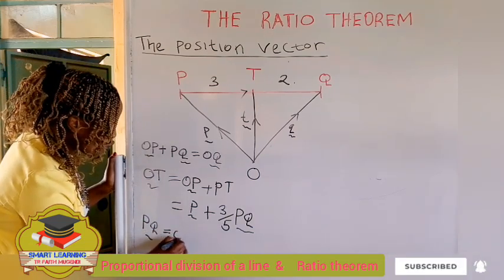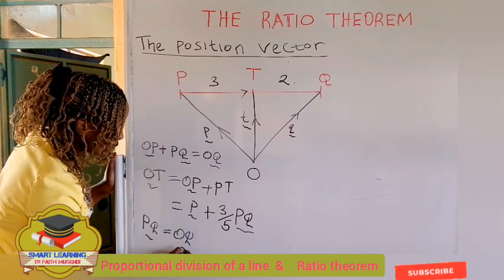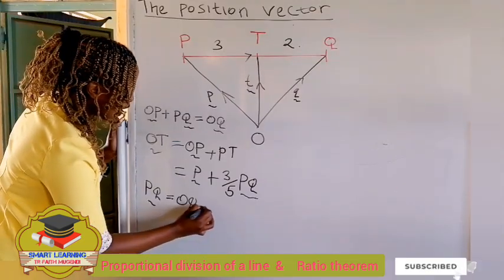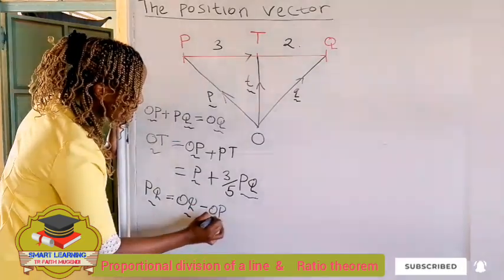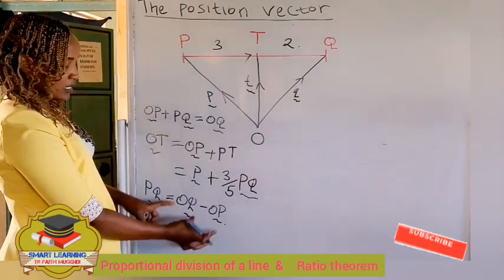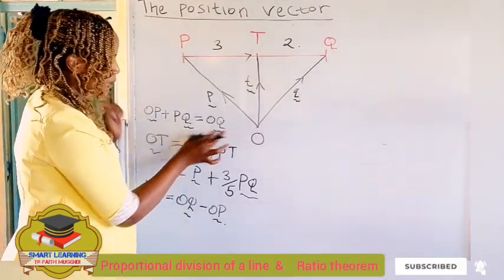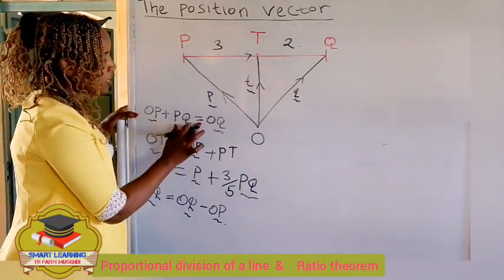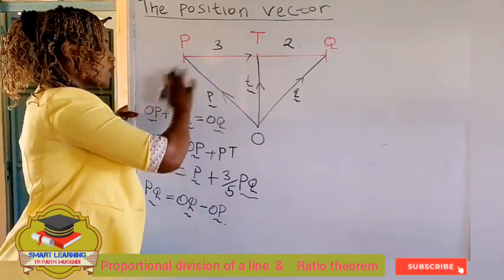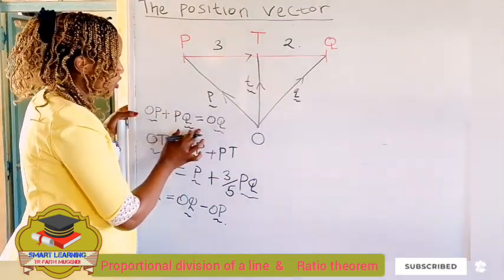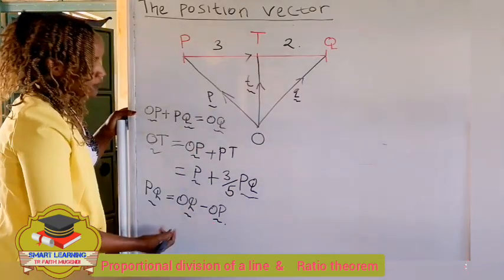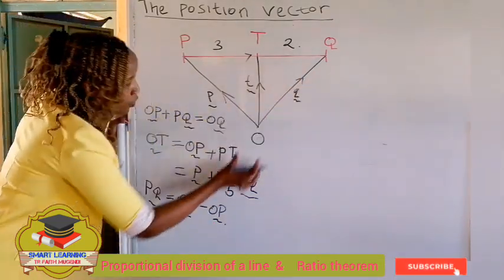Now PQ is equal to OQ minus OP. I'm getting this statement from the triangular law of vectors. PQ equals OQ, and if OP goes to the other side of the equation, it becomes negative. Then what is OQ?